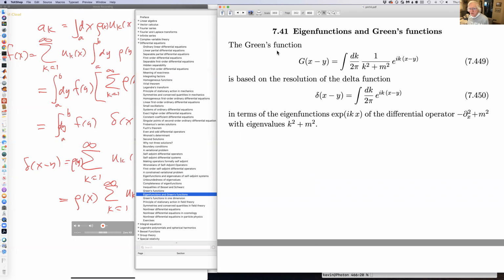Let me now go to something more general, namely, let's look at this Green's function.